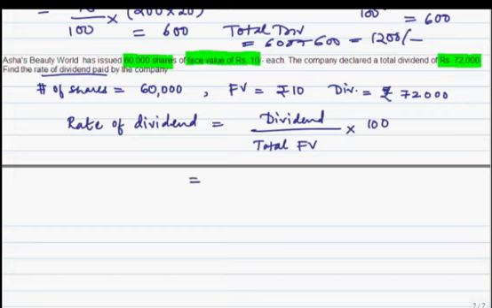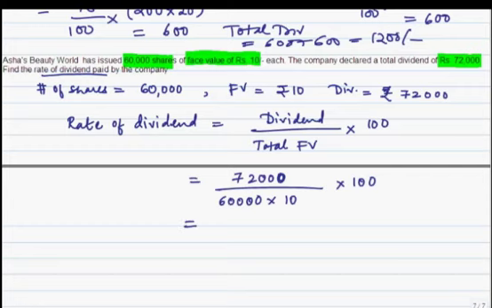So we have the total dividend is 72,000 divided by the total face value, which will be the number of shares 60,000 into the face value of each share, this multiplied by 100. If I simplify all these things, so what is the rate of dividend? 12%.